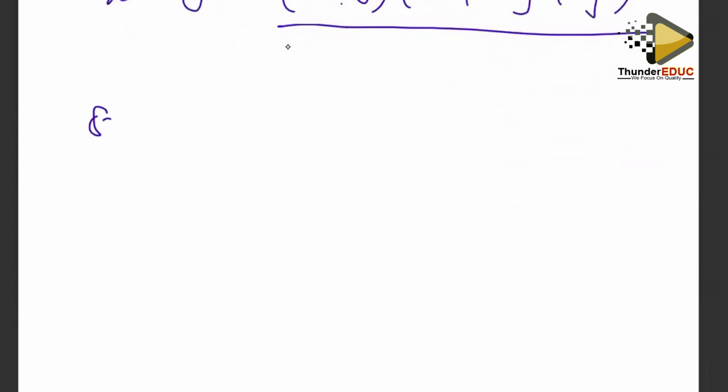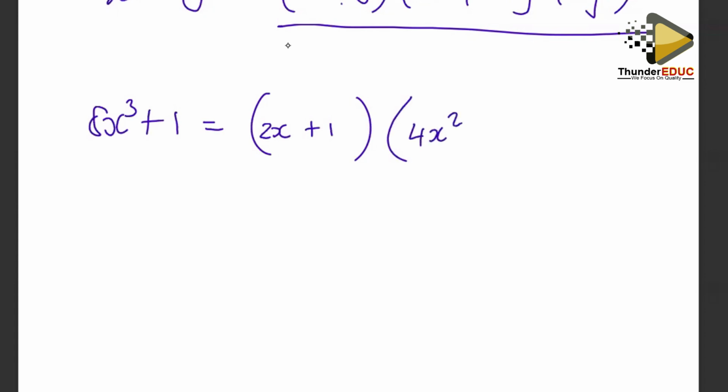We can look at some examples. If you have 8x cubed plus 1, okay, so the cube root of 8 is 2, so that's going to be like 2x plus 1. In this bracket, the first term is squared, which is going to be 4x squared, minus this and that is going to give us 2x, plus 1 squared, which is just the 1.